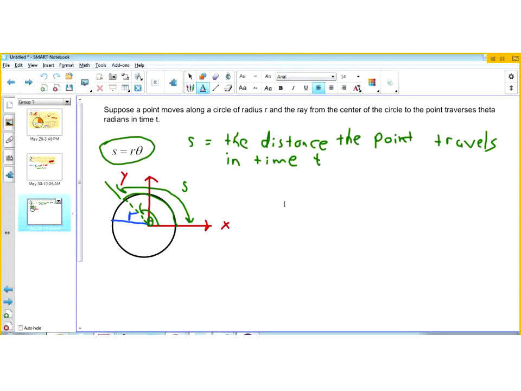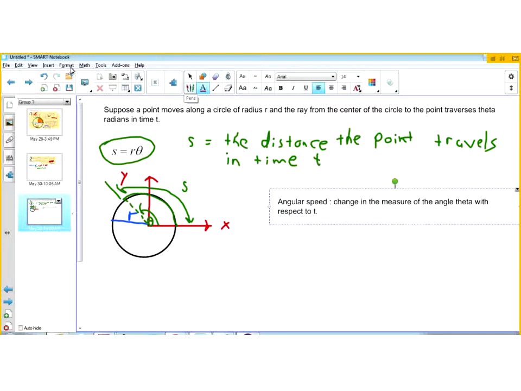Now we have what's called angular speed. Angular speed is the change in the measure of the angle theta of the particle with respect to t. So angular speed is how fast the particle is in motion around this circle, that is, how fast theta is changing.